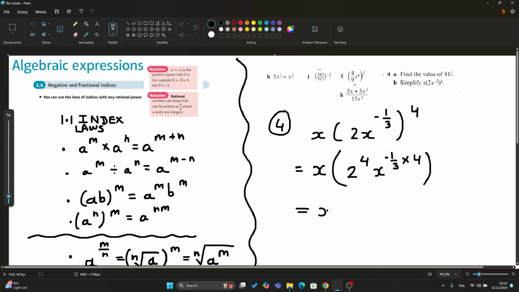And now x outside still, and 2 to the power 4 is 16, and x to the power of minus a third times 4 is minus 4 over 3.